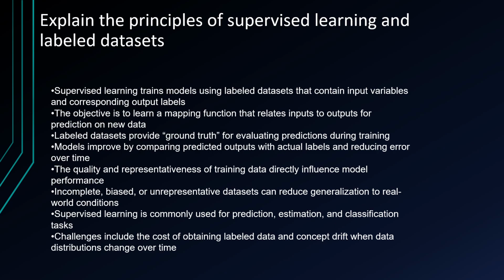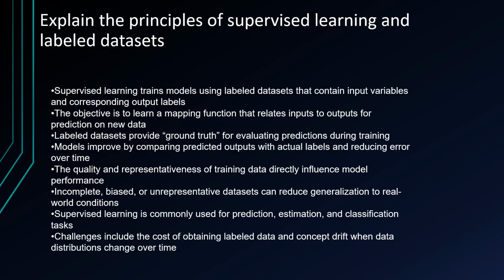At its foundation, supervised learning depends on the availability of labeled data. A labeled dataset contains both the input variables and the corresponding correct outputs, which are often referred to as labels or target values. These labels provide the system with examples of the correct answers during training.